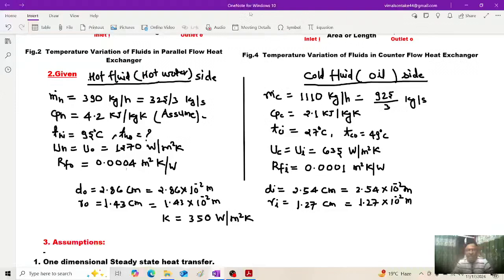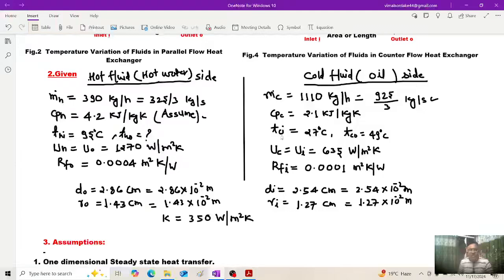The parameters given on the cold fluid, that is the oil side, are: mass flow rate of cold fluid, m dot c, 1110 kg per hour, and in kg per second it is 925 by 3 kg per second. Specific heat of oil, Cpc, is equal to 2.1 kilojoule per kg per Kelvin.